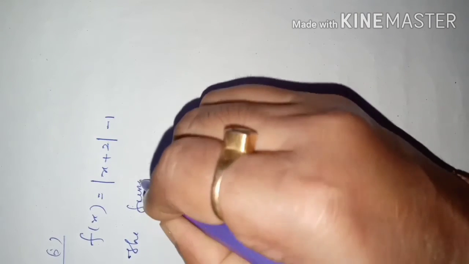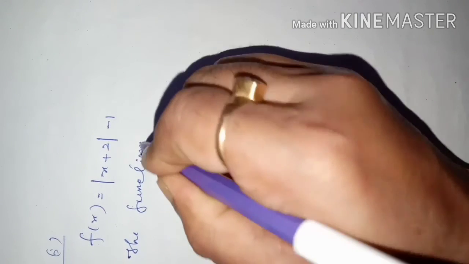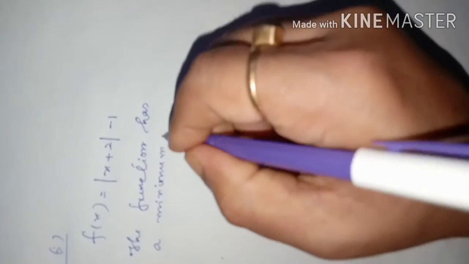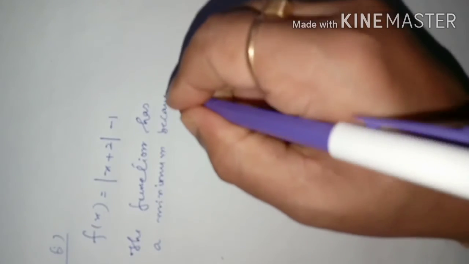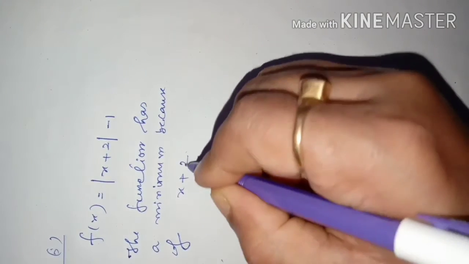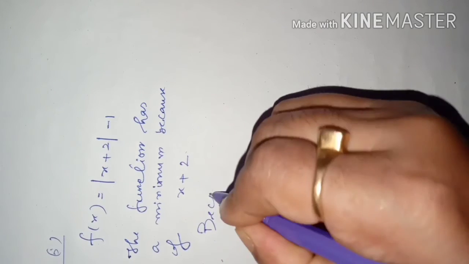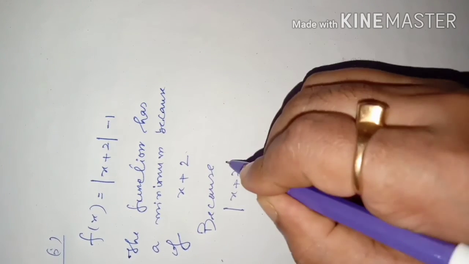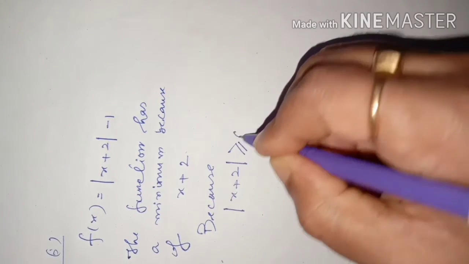We will write here, the function has a minimum value because of x plus 2, because mod of x plus 2 is either greater than or equal to 0.